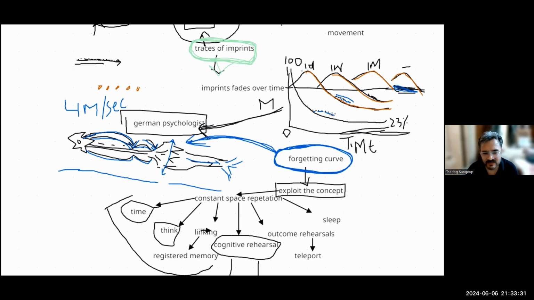And how are we going to revise? One is that we revisit the material daily, memorizing the same thing for a particular period of time. Second, we link the new information to already registered memory in our mind and think about it. This is the third.